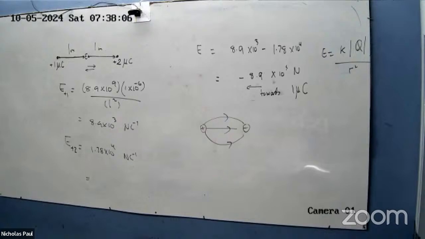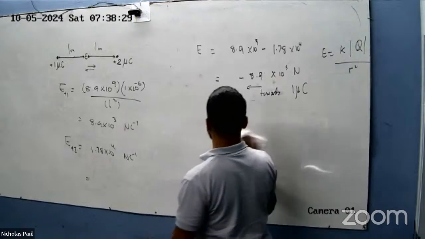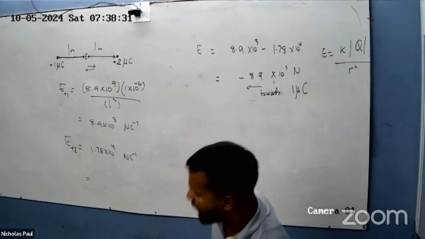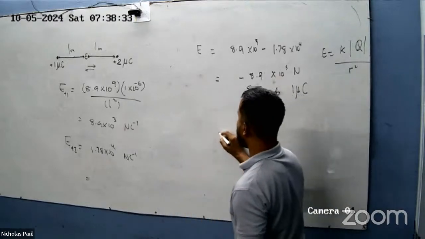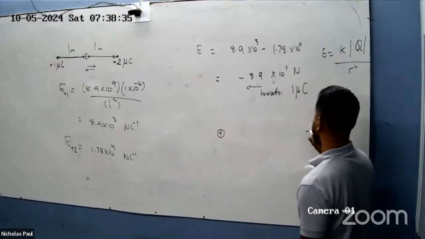So basically, the 1 meter path, right? We have one charge here and a next charge here.